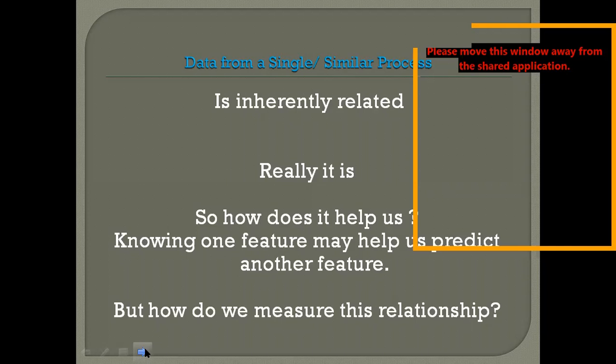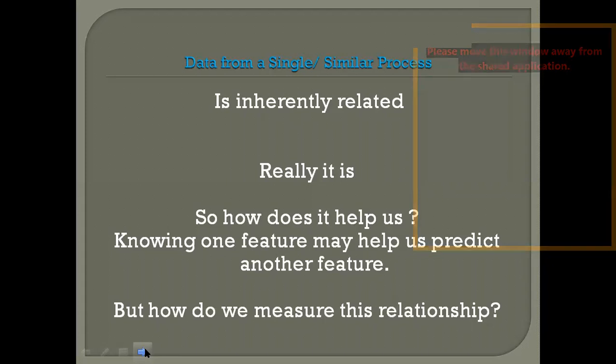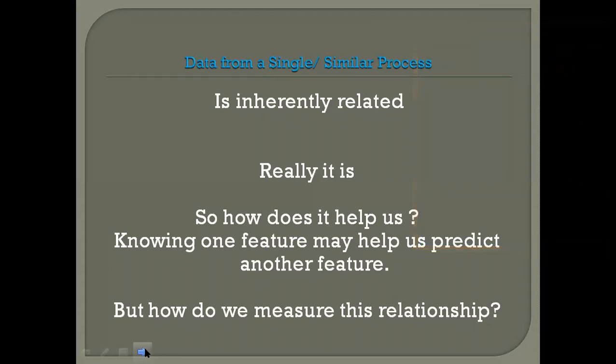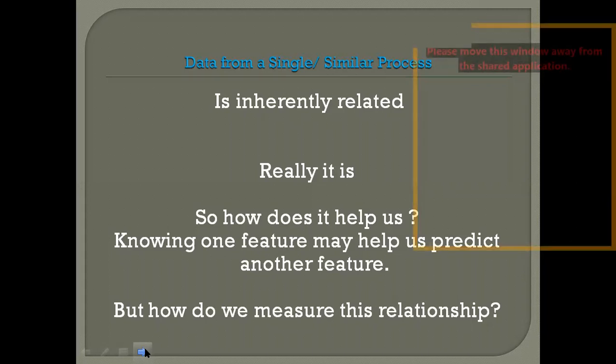Say we have health card data from the hospital, with data related to your salary and obesity. If we can find a relationship between obesity and your salary, then we can make predictions and tell people, see, if you have more salary, you may be more obese in future, right?